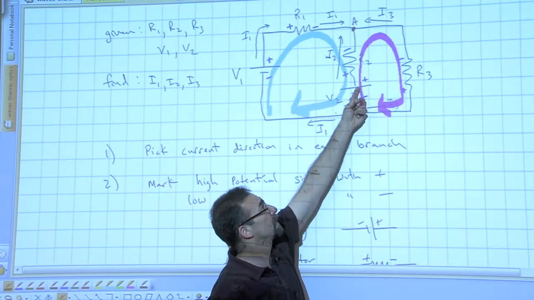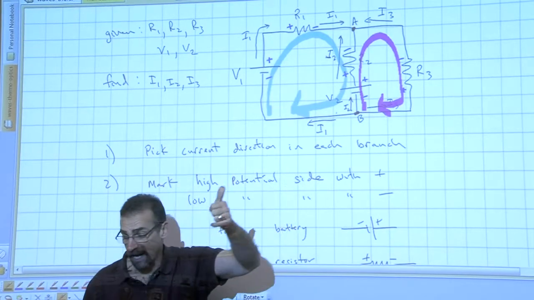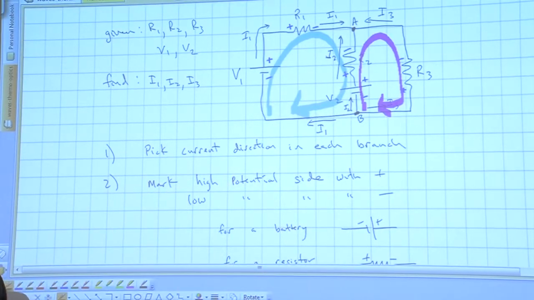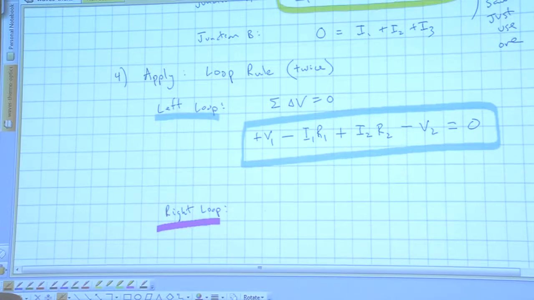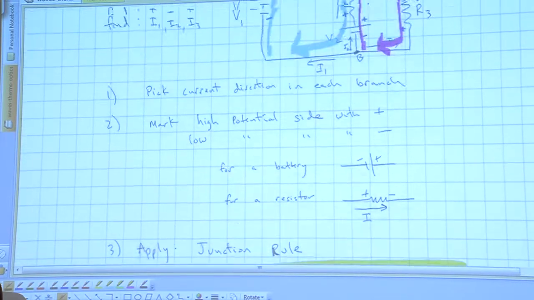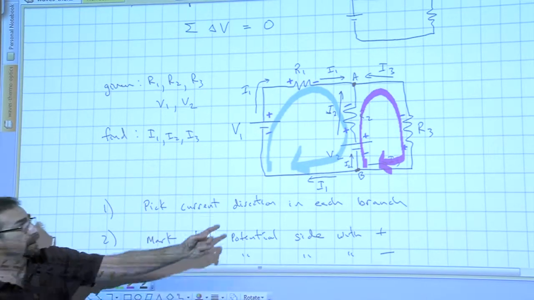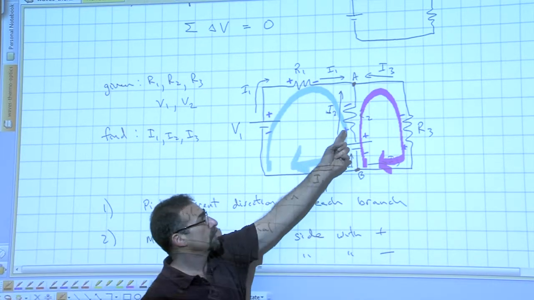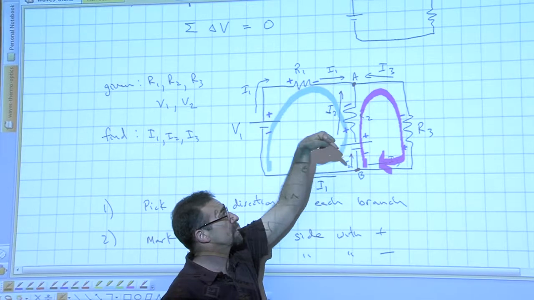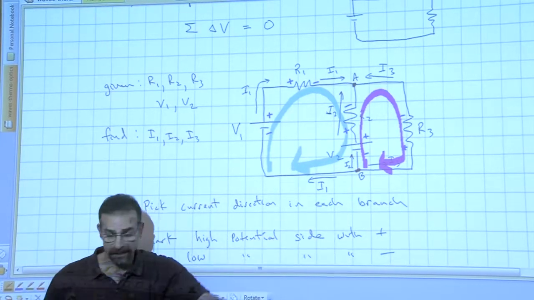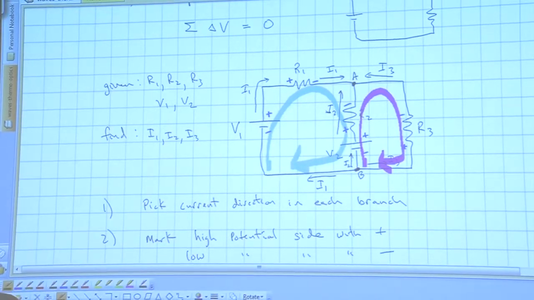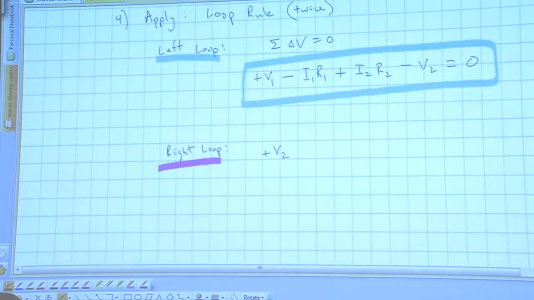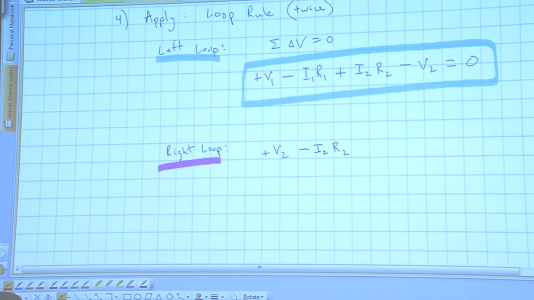We're going in the low side, coming out the high side. So we have gone up. We rose plus V2. Then we hit R2. We're going in the high side, coming out the low side. We are dropping in potential. So the current through that resistor times its resistance.